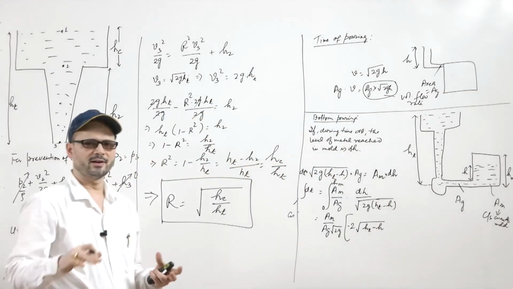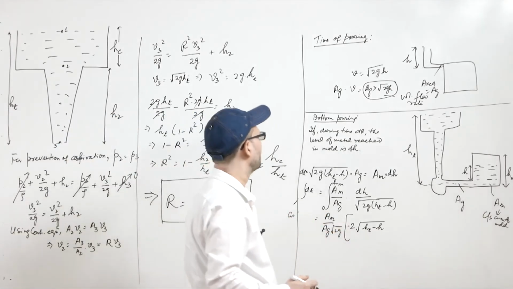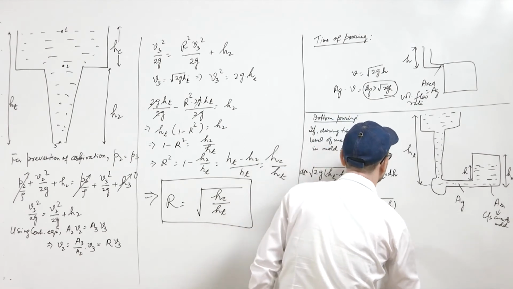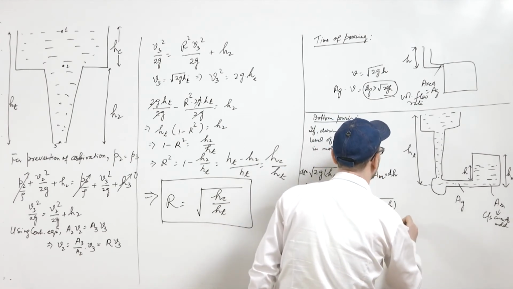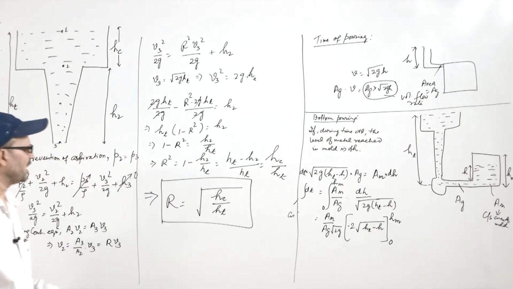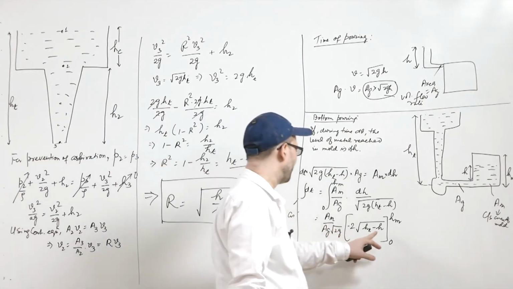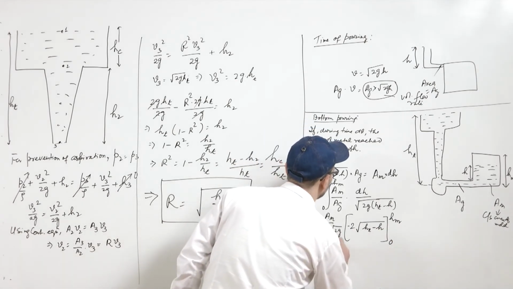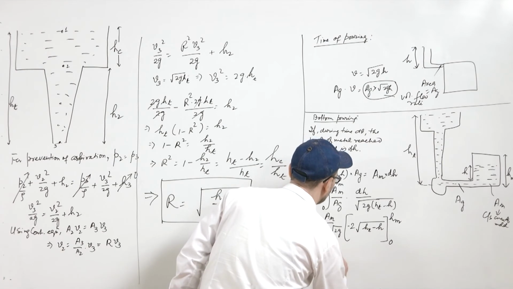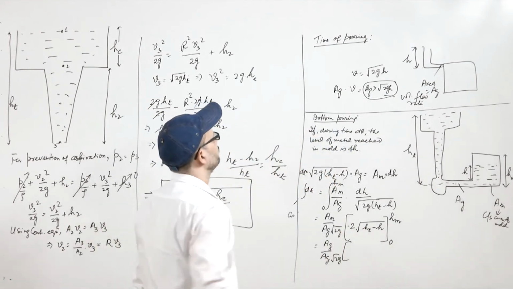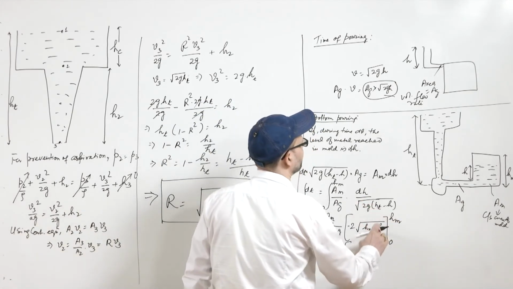So, once you are integrating, this minus sign will come, and you put the values from 0 to hm. It will come as AM by AG root 2g, and first you put hm, so it will be HT minus hm.